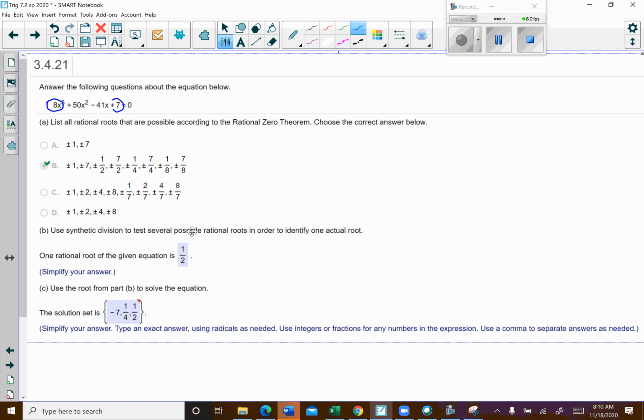And then we'll see what we have left to work with and see how we find the rest of the solutions down here. So let's see, we're going to use 1/2. And so using synthetic division, I take the coefficients. So let's see, 8, 50, -41, and 7. So what I'm going to do here is you drop the first one, and then you multiply it by 1/2, which is 4.